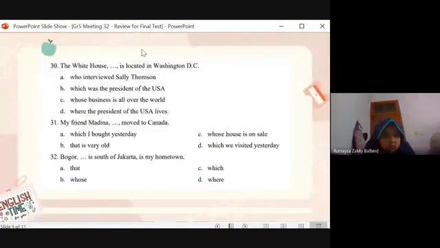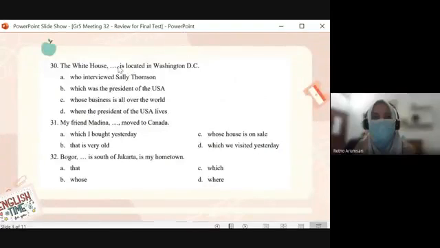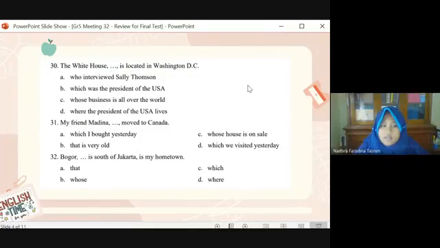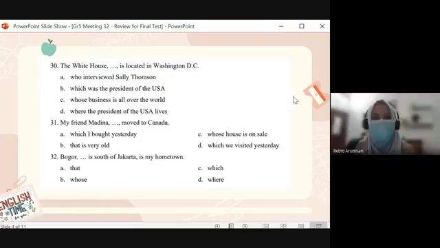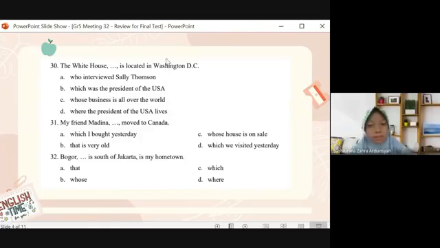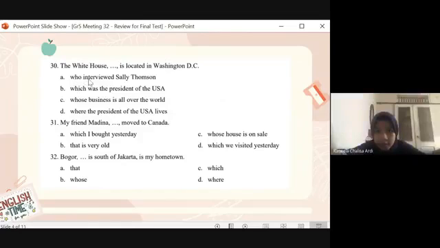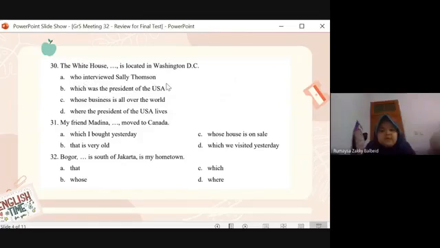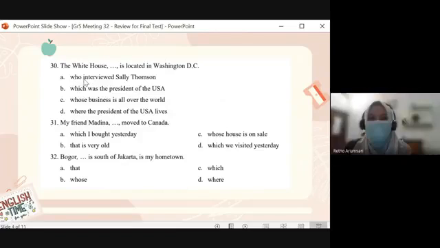Now you need to complete the sentence with a non-defining relative clause. The White House, blah blah blah, is located in Washington D.C. Which one is it? D. Are you sure? Can I use A? No, because who is for a person.